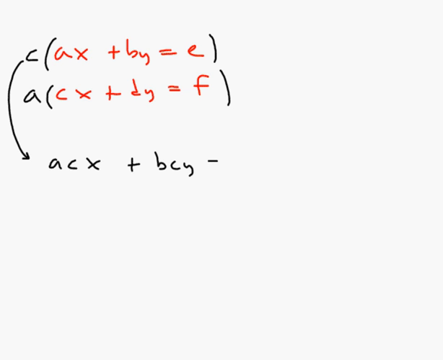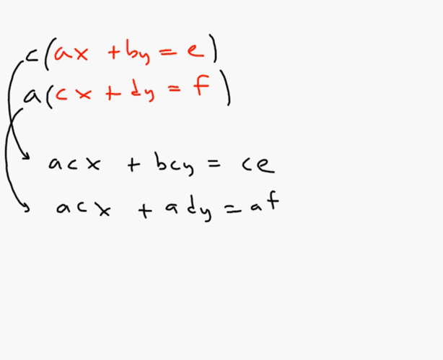You'll see why in a minute. Equals ce. And then the bottom equation becomes acx plus ady equals af. All right. So multiply through by c. Okay.